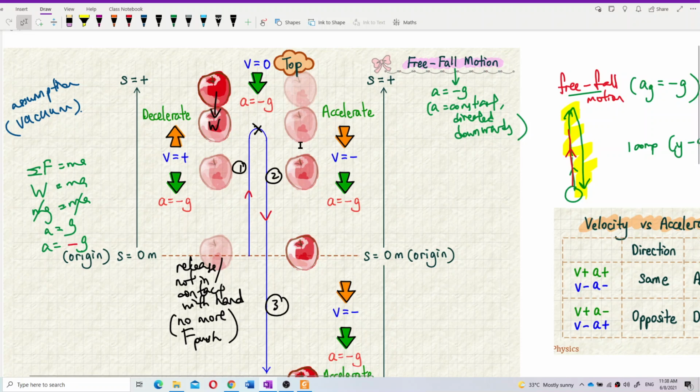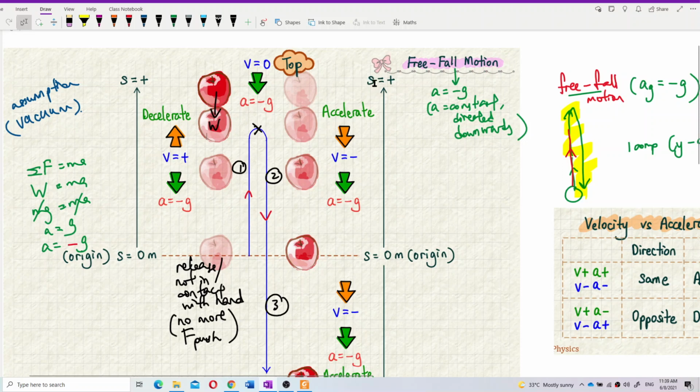Now the second part. The ball goes downward to the origin. Let's talk about the position first.